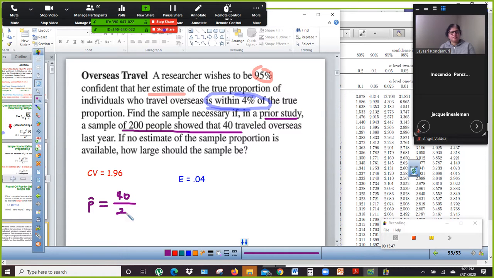So in other words, 0.2. So if my p-hat is 0.2, what's my q-hat have to be? In other words, if I have a 20% chance of success, what's my chance of failure?